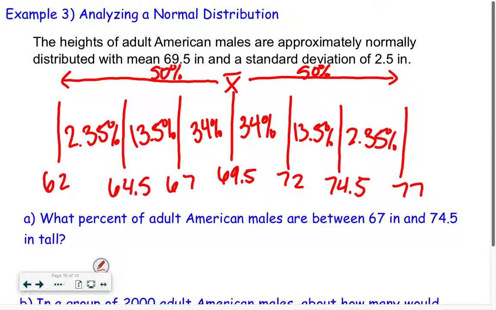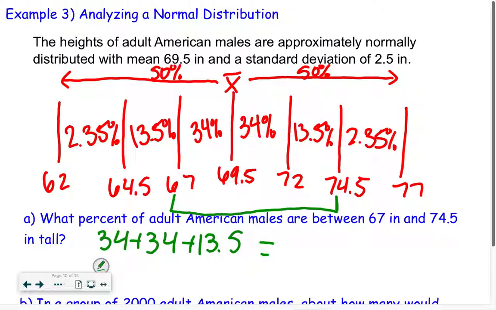Okay, so to find the percent that are between 67 and 74.5, what should I do? Add them. Add what? The percents. So add 34 plus 34 plus 13.5, and we get what?